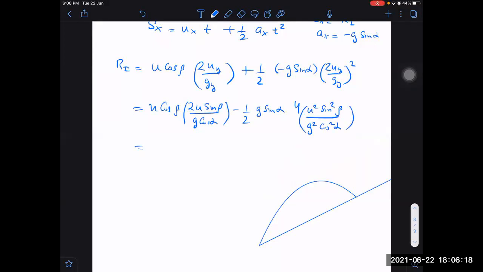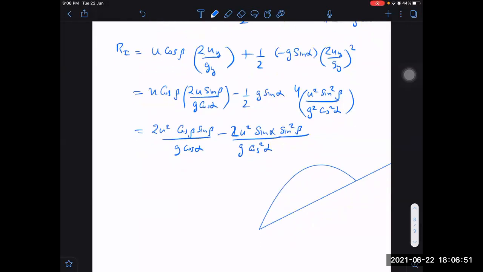So we are finally getting 2u square cos beta sine beta upon g cos alpha, minus half into 4 is 2. One g will cancel, one g remains in the denominator, and cos square alpha remains. 2u square above, sine alpha above, and sine square beta also above. Is it right or not?